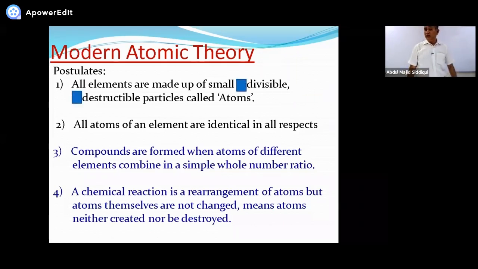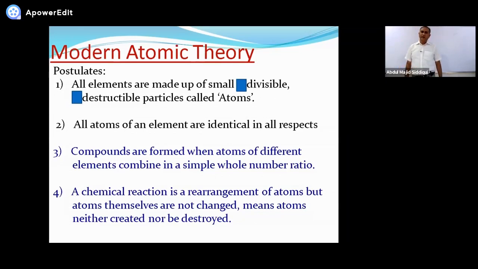Now, why? Because we know that an atom can be divided, can be split into electrons, protons, and neutrons. So point number 1 has been corrected. And what is the correction over here? All elements are made up of atoms, which can be further divided into electrons, protons, and neutrons.